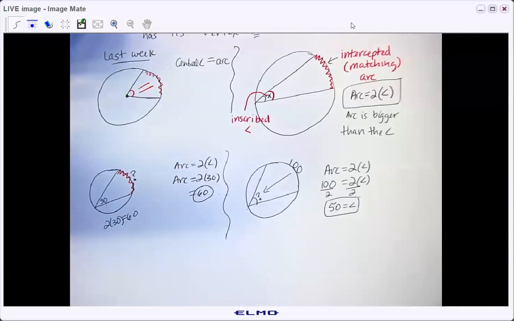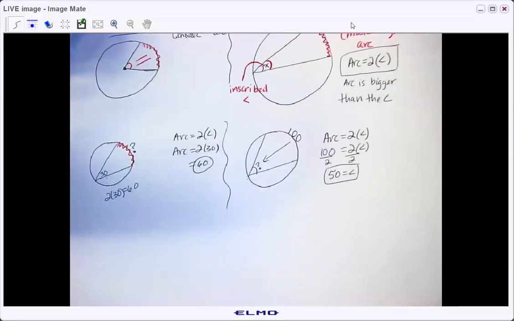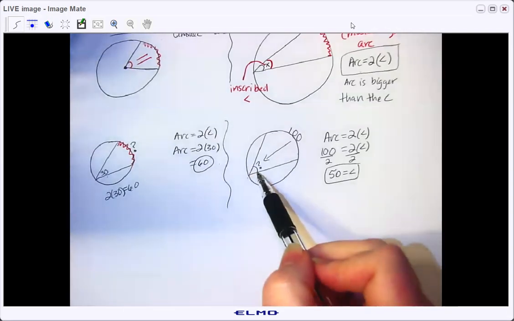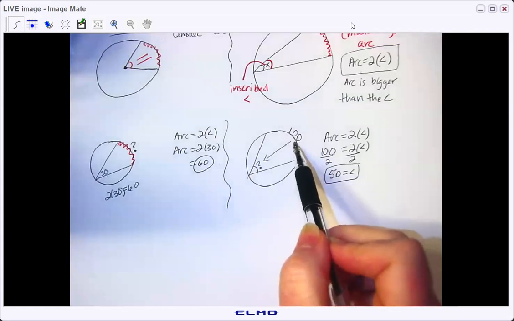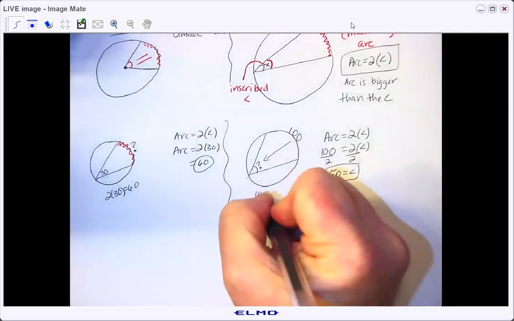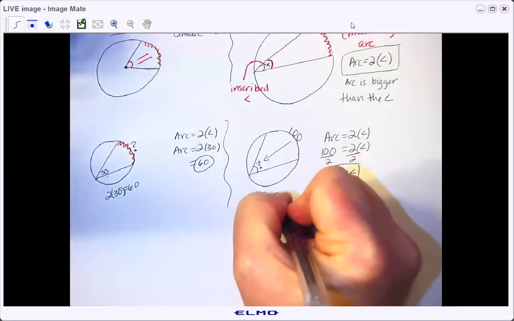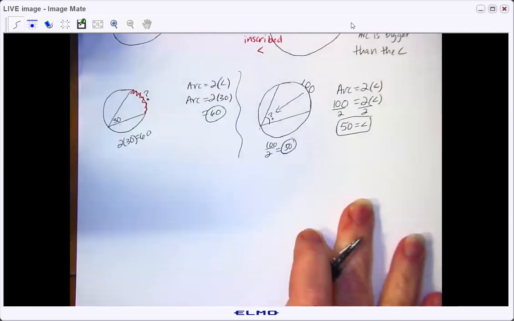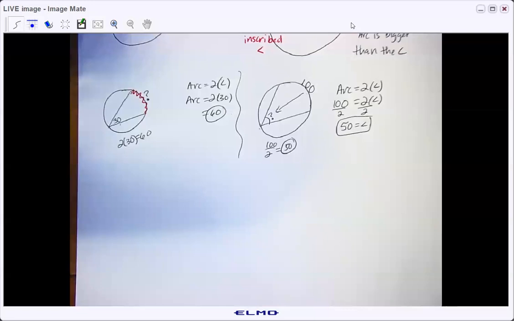So if you didn't put 50, do you understand why? You can put that yes or no in the chat box. Remember, the angle is always smaller than its arc. And again, if you're trying to show work on the homework, I'm totally fine with 100 divided by 2 equals 50. You're done. To me, that's showing work. Tells me that you understood the relationship and you're good with that.